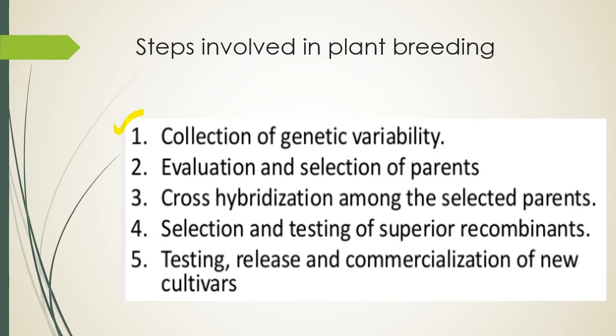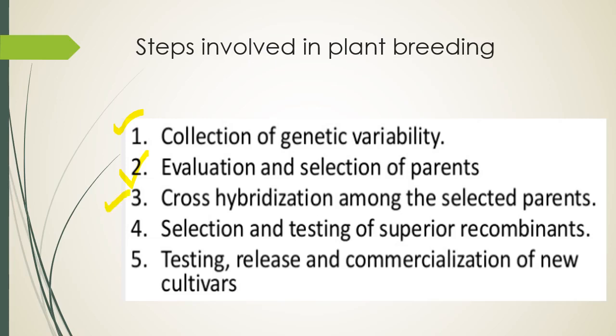The second one, after getting that variability, the whole group of biodiversity, we evaluate and select the parents from that genetic variability. What is your aim? What quality do you want in that parent? You have to select that parent only. Now after selection of the parent, the next step is cross hybridization between the selected plants.